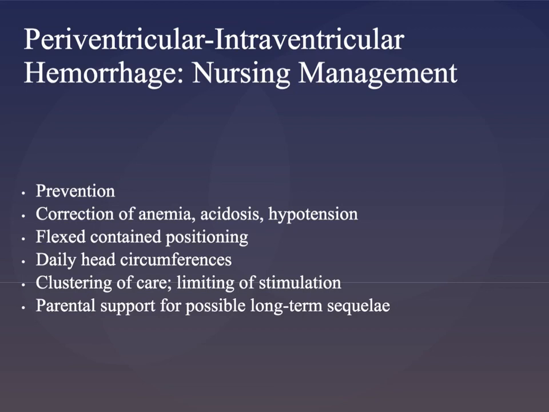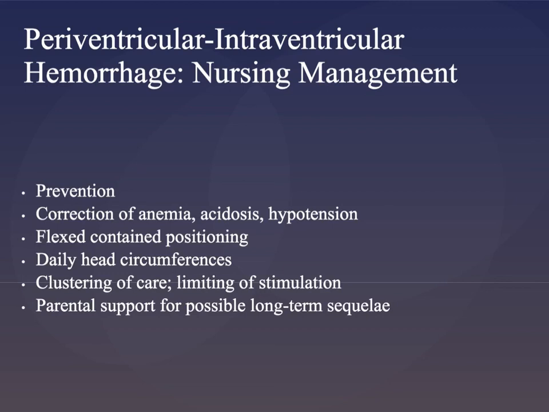We don't allow the parents to hold them, because if I turn and don't keep that spinal cord in alignment, or if I were to pick the kiddo up and raise the head of their body too high compared to the rest of their body, so sitting them up, that causes a big change in their pressures. So that's one of the reasons we don't always allow them to hold for a couple weeks.